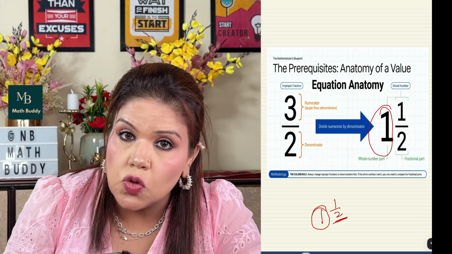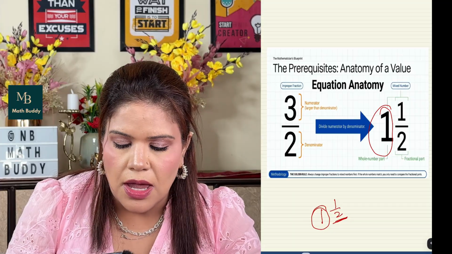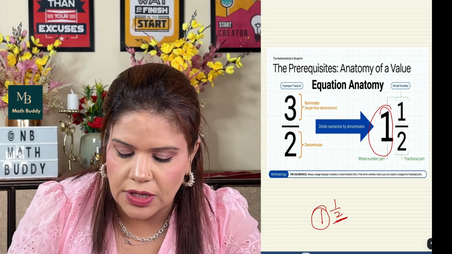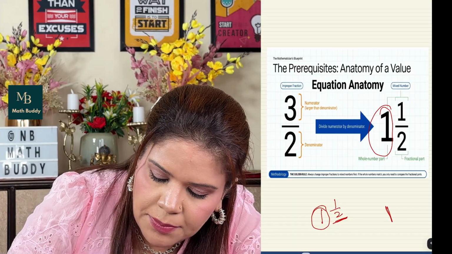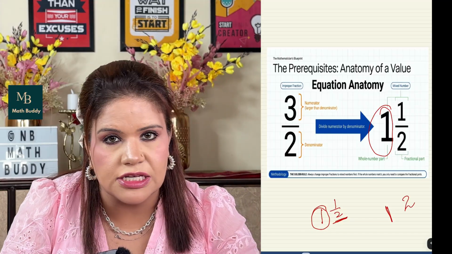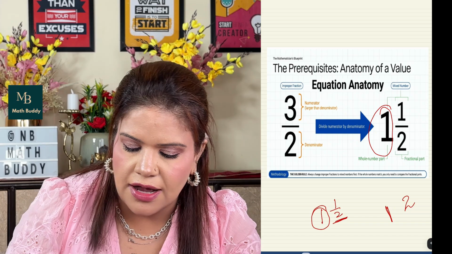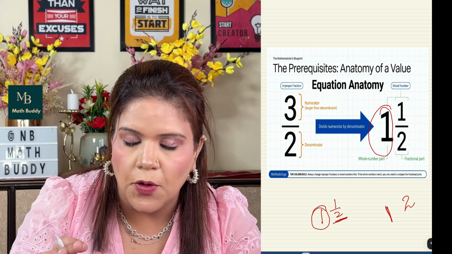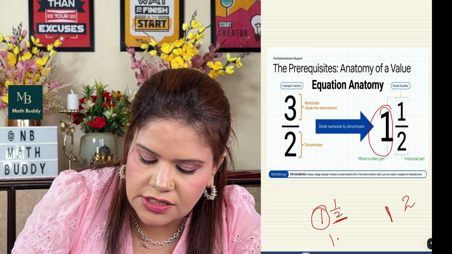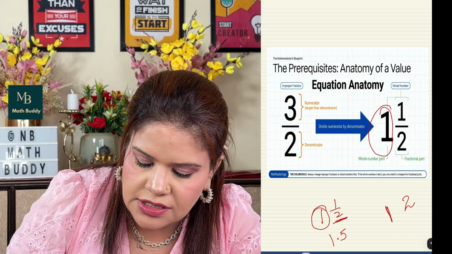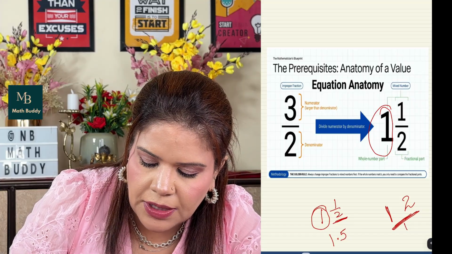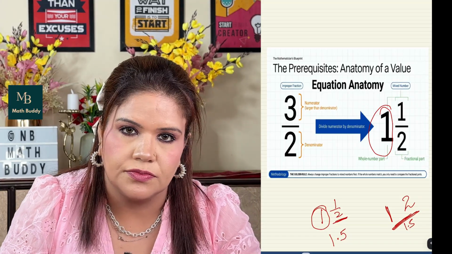So it has two parts, the whole number, and it is a number somewhere lying between 1 and 2. It is giving me an estimation. Mixed number is giving me an estimation. If you understand, half is 0.5, so this number is lying between 1 and 2.